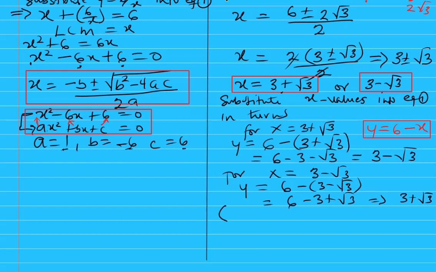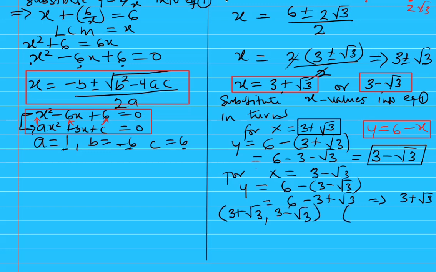So for the first part, when x is 3 plus root 3, the y value is 3 minus root 3.